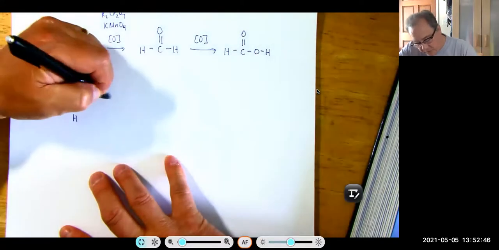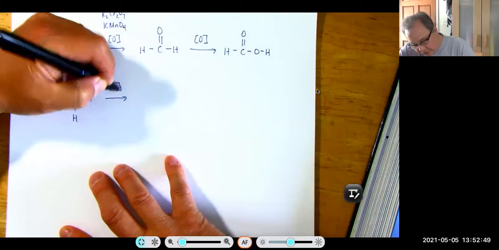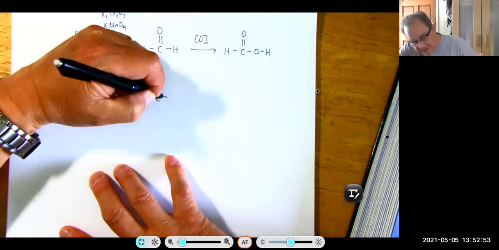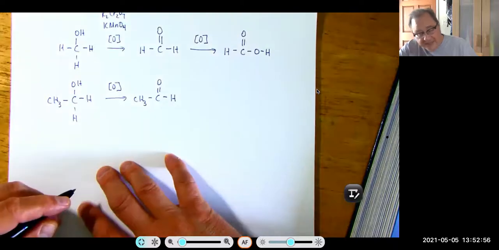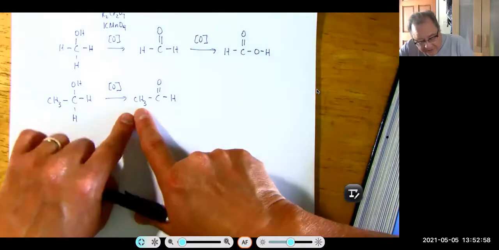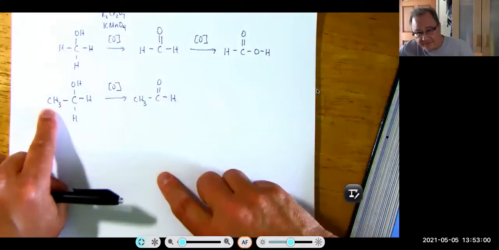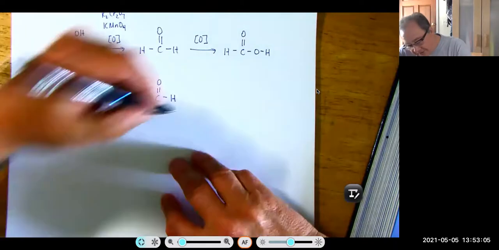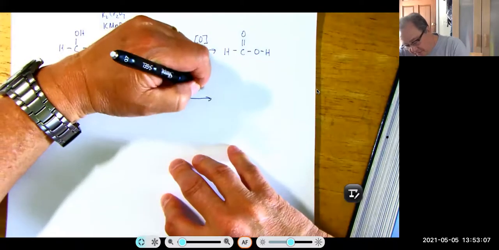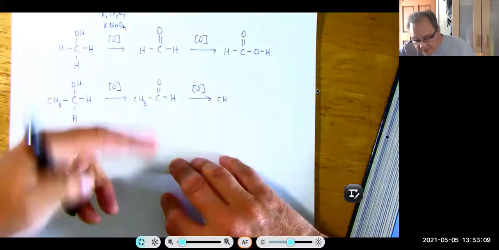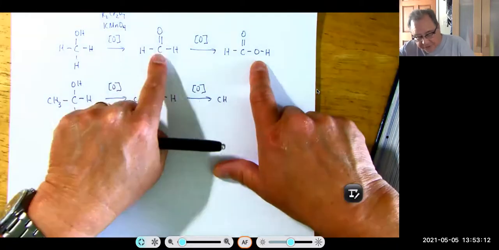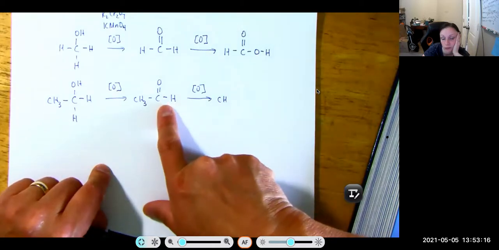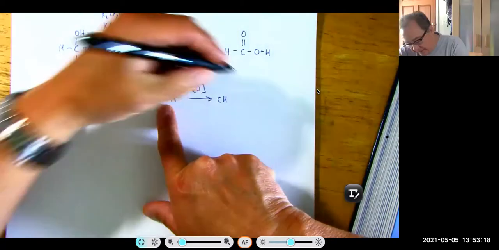When you oxidize ethanol, you get the same thing that you get when you oxidize methanol, only you have a CH3 here to the left instead of an H. But it doesn't stop here. So if we look at what happened above, we stick an oxygen between the carbon and the hydrogen, right? But guess what I'm going to do right here? Put an oxygen. Okay.